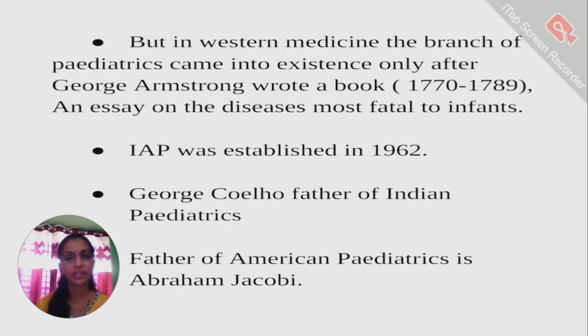George Coley is the father of Indian pediatrics, and the father of American pediatrics is Abraham Jacobi. So this is a brief knowledge about modern pediatrics, and we can compare when the modern pediatric branch started and when our Acharyas mentioned a separate branch for Balaroga.